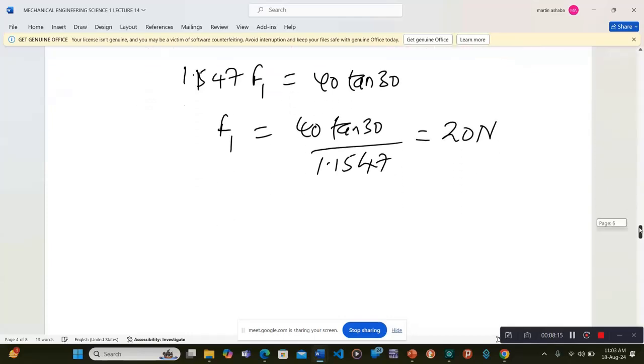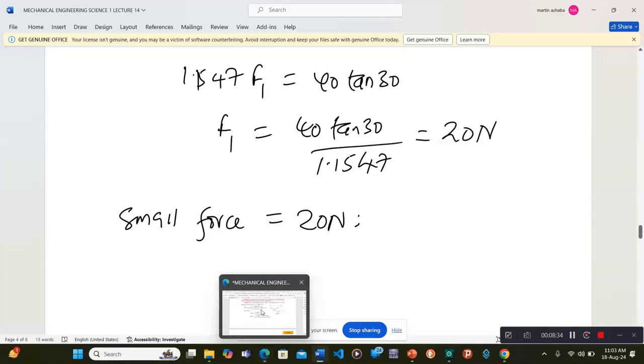And this one can at least make sense, because our value is supposed to be a smaller value, smaller than 40 newtons. So the smaller force should give you 20 newtons.